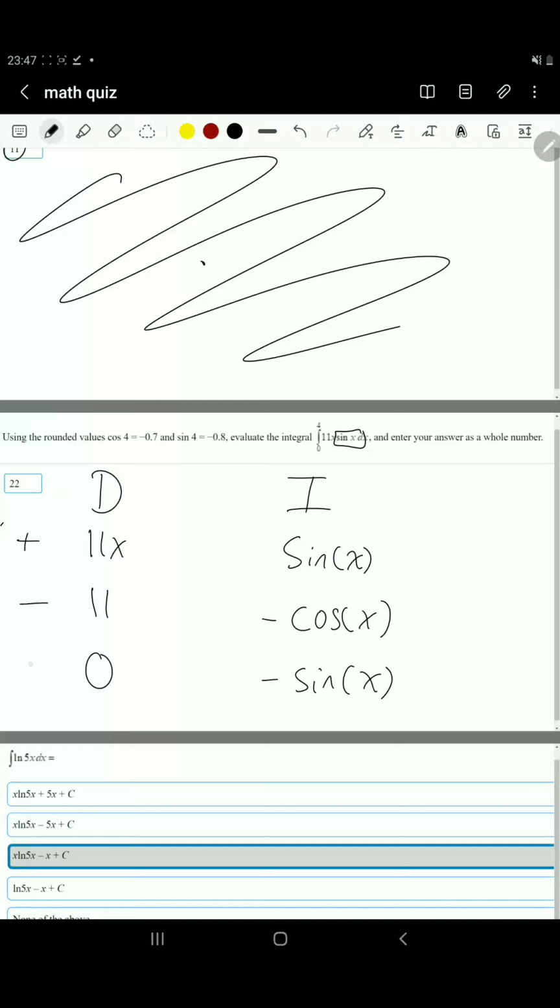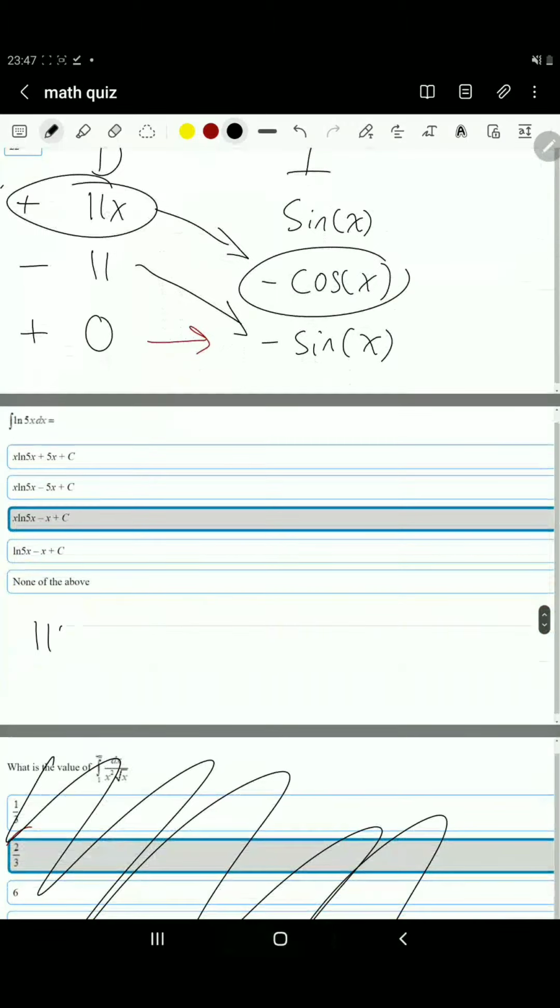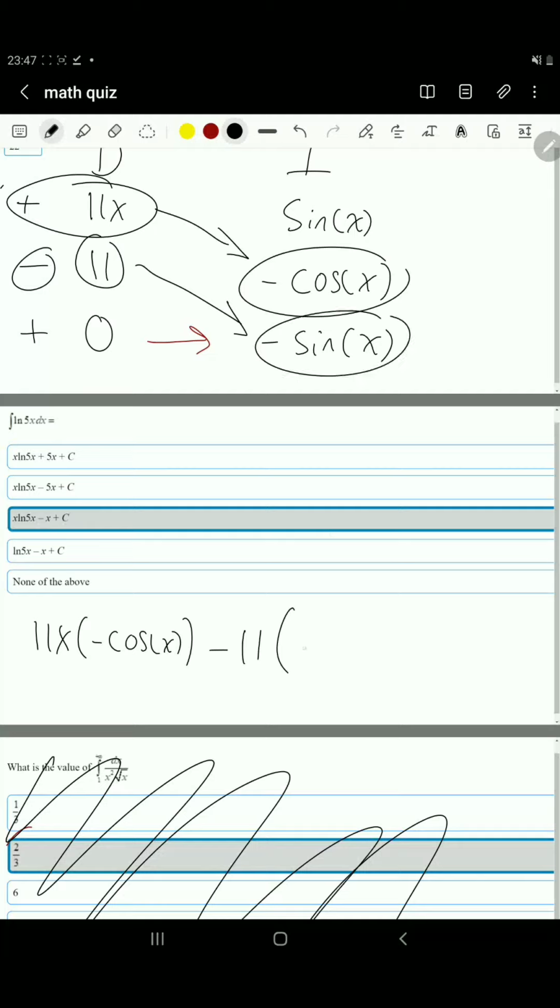And you always put the alternating thing plus, minus, plus. Horizontal line, diagonal line, and then horizontal line. So now you have this multiplied by that, so you have 11x multiplied by minus cosine x, minus 11 multiplied by minus sine x.